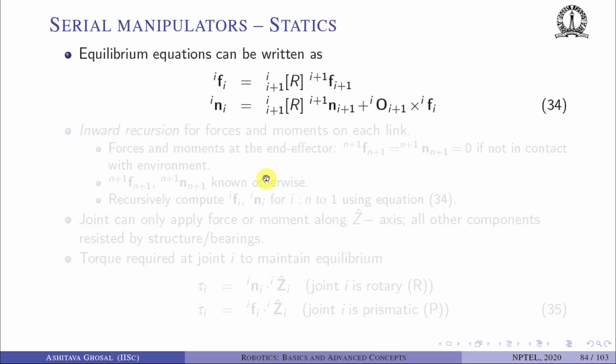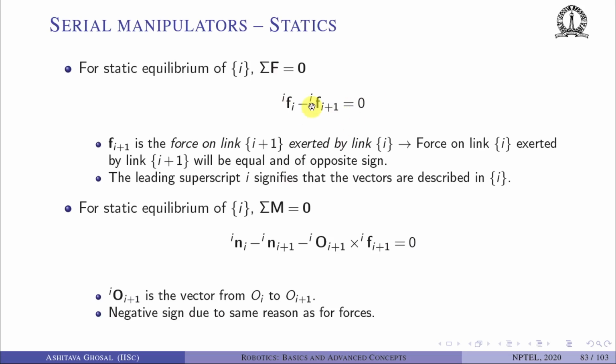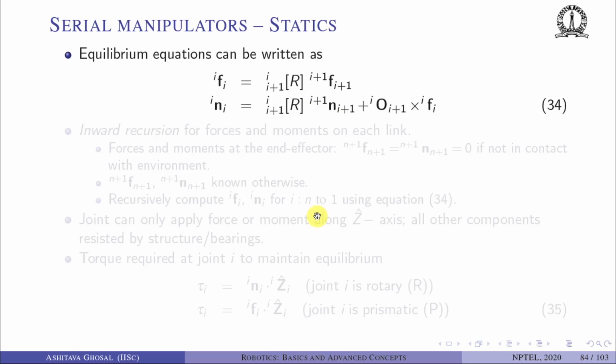We can rewrite these two equations in this form. It's a nice iterative form. So ^iF_i is equal to ^iF_{i+1}. Okay, previous ^iF_i is ^iF_{i+1}. But we can rewrite this by pre-multiplying by a rotation matrix, ^iR_{i+1} into ^{i+1}F_{i+1}.